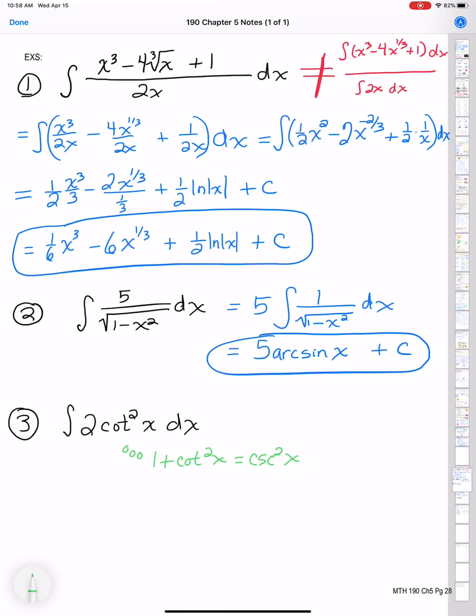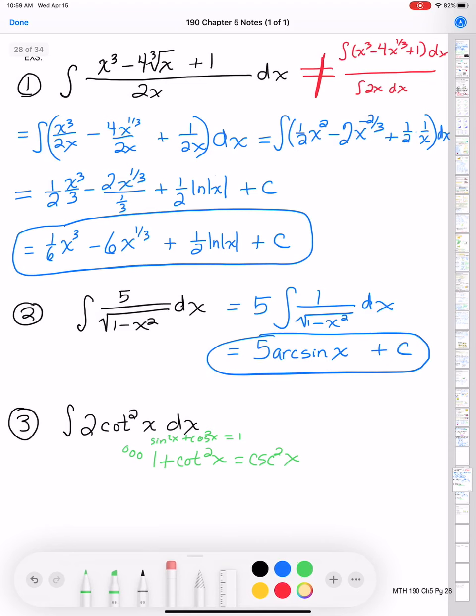I was never a fan of memorizing a lot, so I would think about what the original one was, sine squared plus cosine squared equals 1, and think about just dividing that through by sine squared. If you divide everything through by sine squared, you get 1 plus cotangent squared equals cosecant squared.